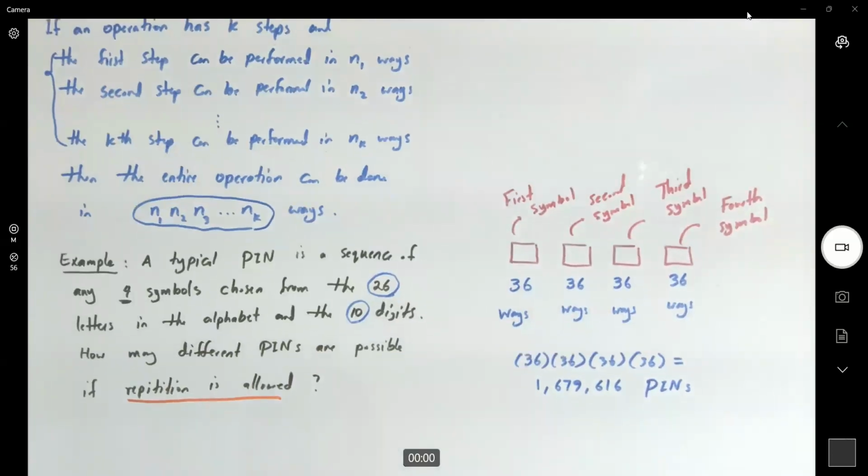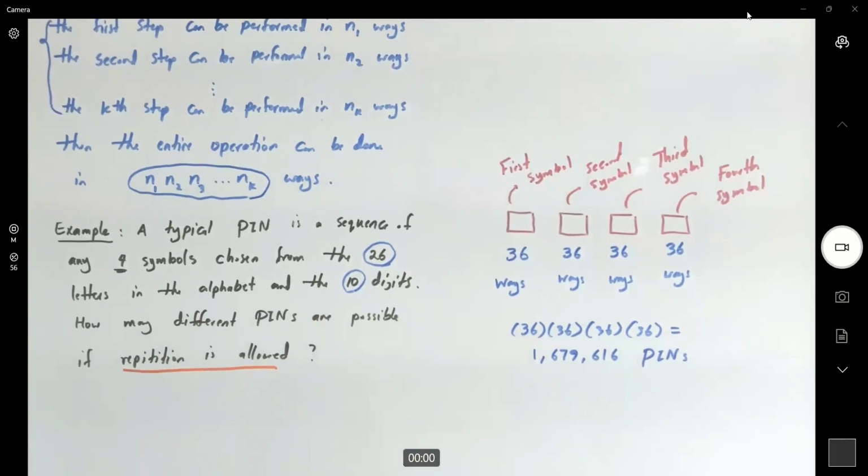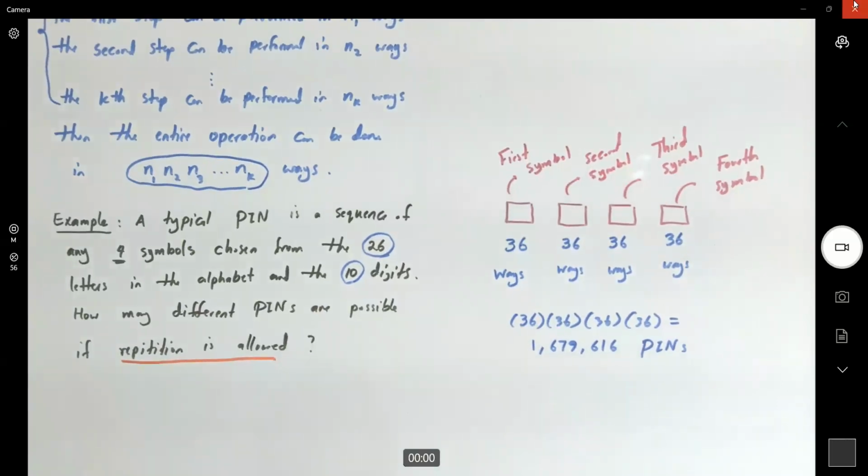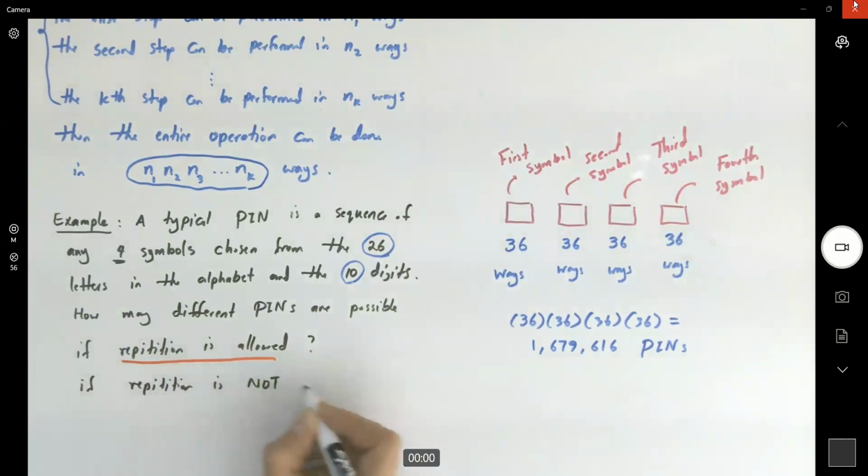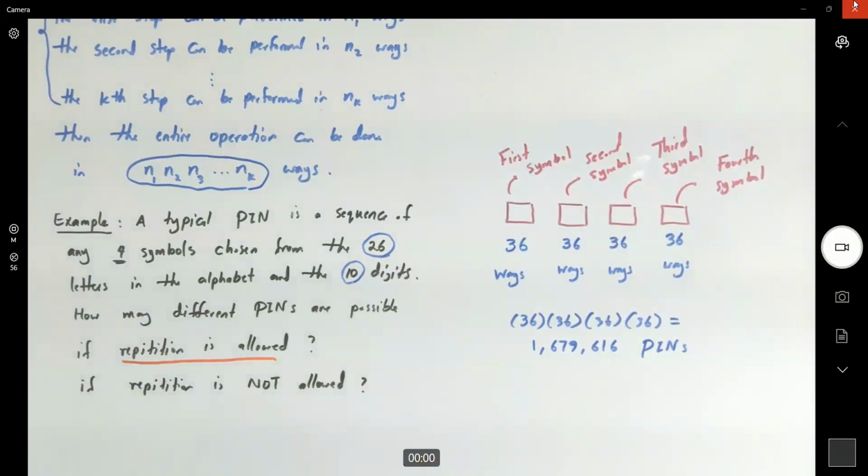So I expect you to ask, what if repetition is not allowed? So let us write this scenario here. If repetition is not allowed, what are we going to do in this scenario? Very good.